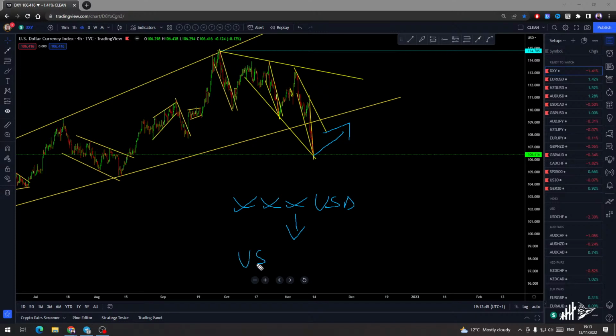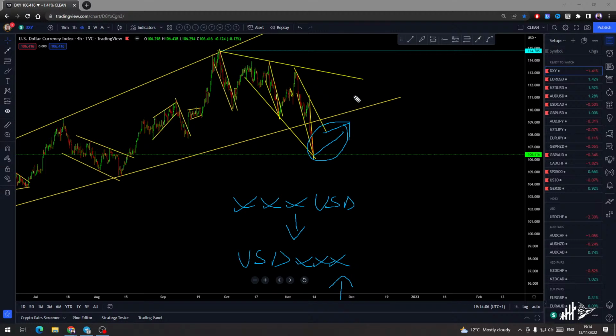But if you watch USD XXX pairs, they will go up. Why? Because I'm anticipating this correction over there. So it is very important to understand what you are doing.